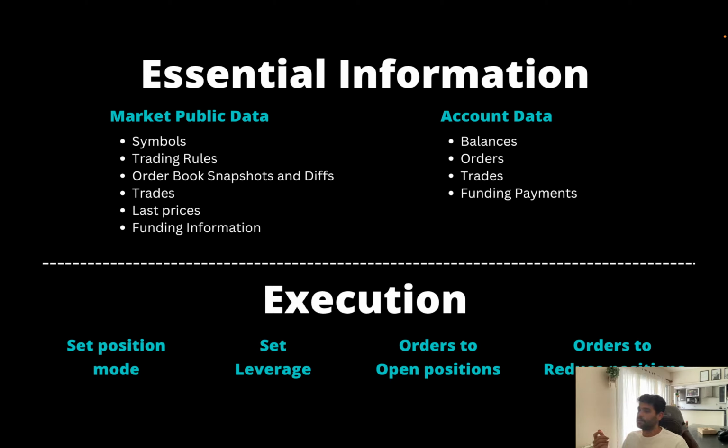So for example, and this is one of the things that we are going to discuss in the next slides, because right now the only way that you can get the funding payments or do something with the funding payments is using an event. There is a special event in Hummingbot that when you receive the information of a new funding payment, it will trigger an event and give you the information.